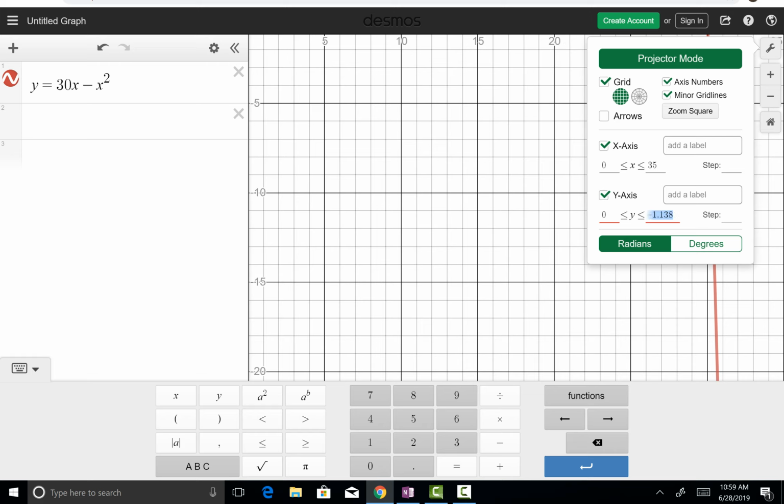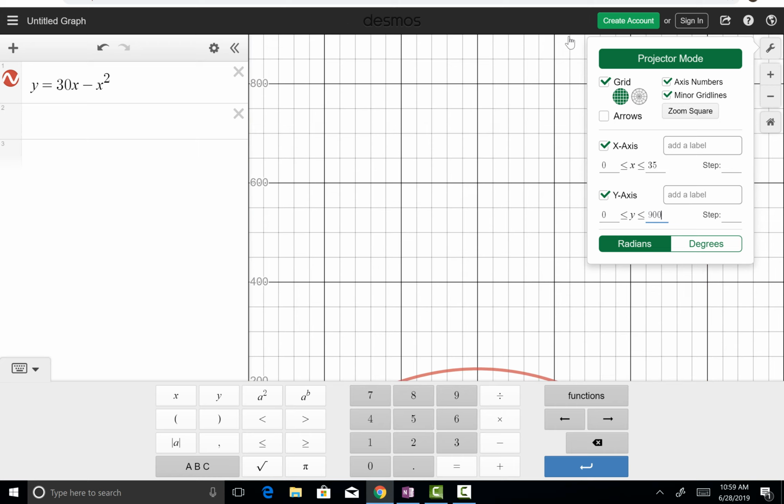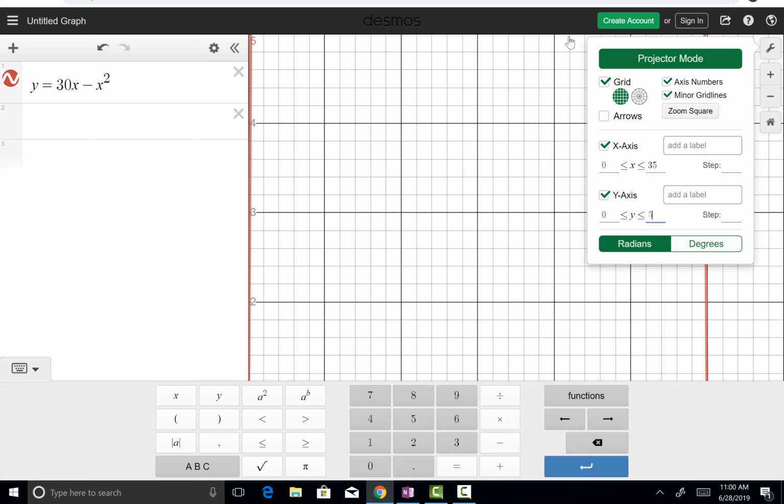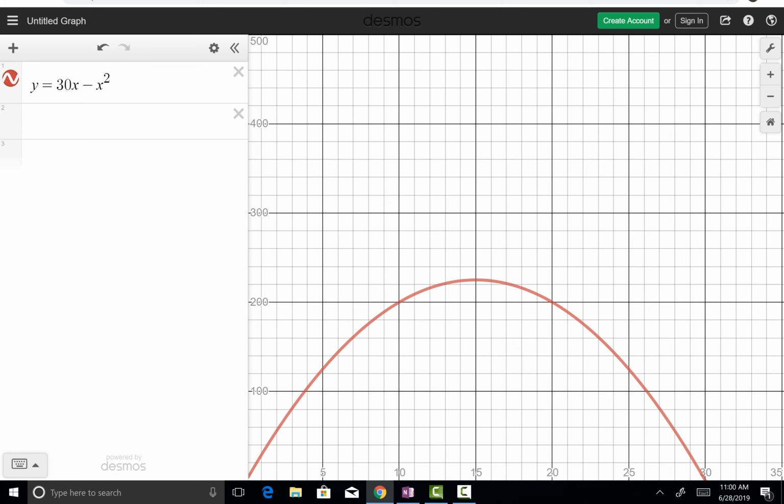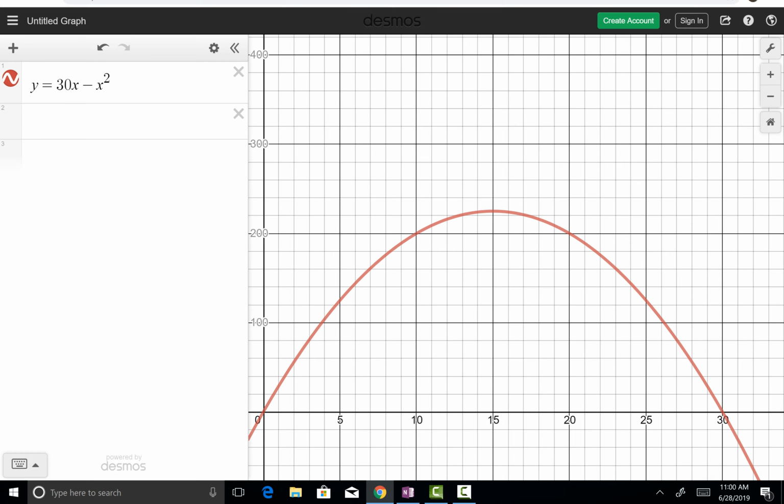And here we don't know what that maximum number is, but I do know that I'm not going to exceed something that would be 30 times 30 because that isn't going to fit. So I'm just going to put 900 in here, and I can see that I hit the bottom of that, so I don't need 900. So maybe I can go 500, and that's a pretty good idea. Now I can play with this a little bit and get it so that I want it.